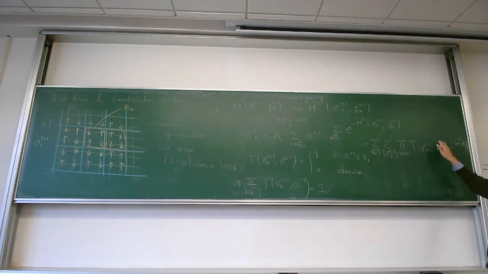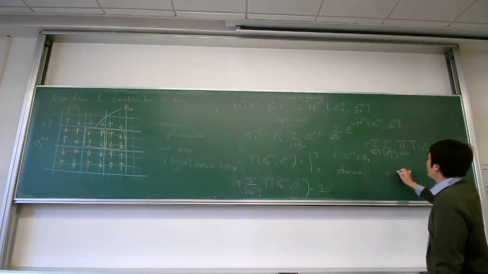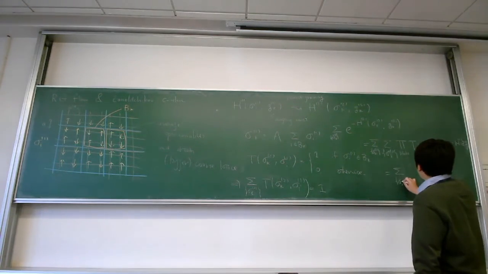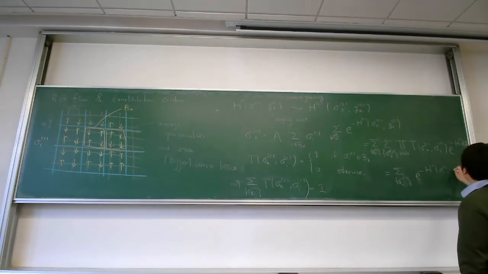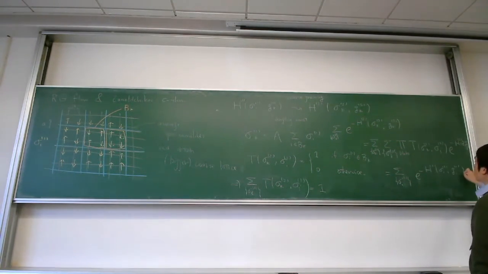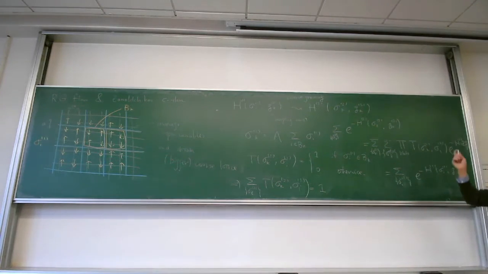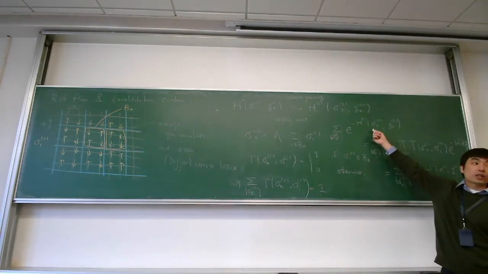So you just multiply by 1. Therefore this is equal to the sum over sigma i of 1 of e to the minus H1 of sigma i of 1 and G_i of 1. So therefore the partition function agrees. This can be understood up to kBT, the Boltzmann constant times temperature; this is the Boltzmann weight. So the partition function agrees after coarse graining.